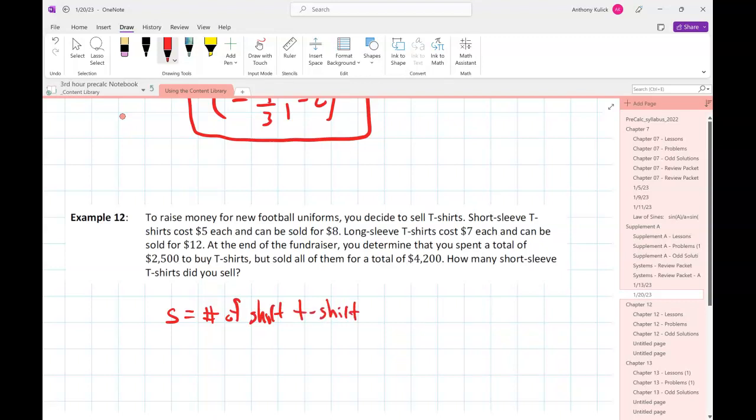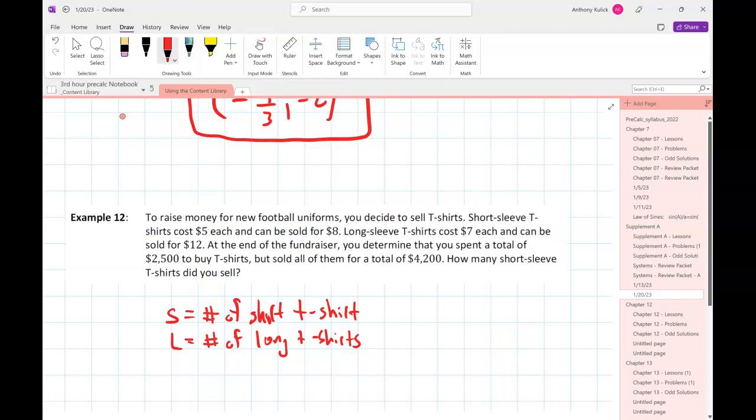And it doesn't matter whether these are bought or sold because I know that I sold all the t-shirts that I bought, right? So I can just say in general. And I use L as the number of long sleeve t-shirts. Everybody's good with that?